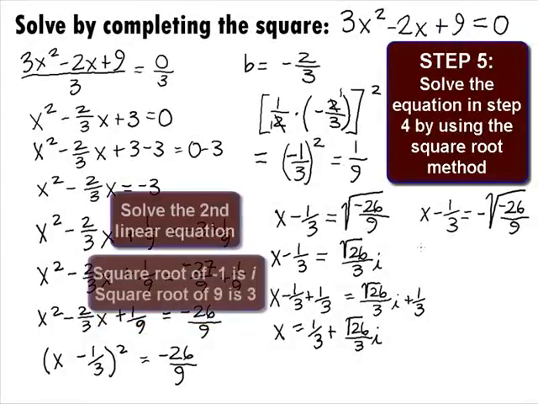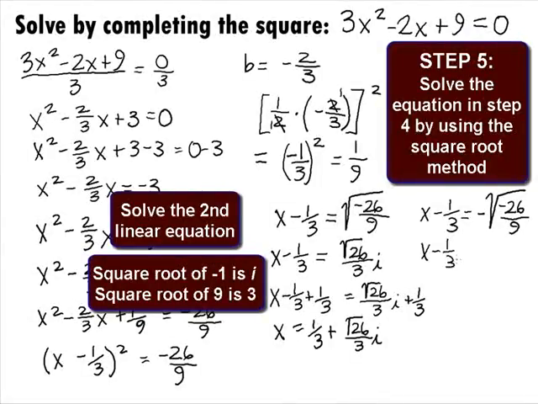In the second equation, we can take the square root of the negative and the 9 and get x minus 1 over 3 equals a negative square root of 26 over 3i.